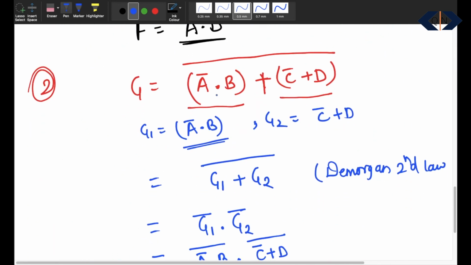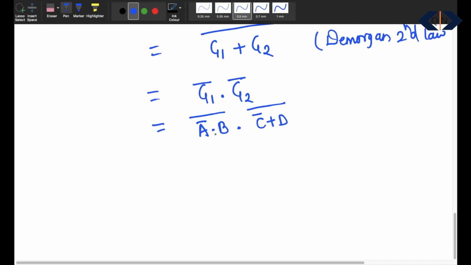So can we simplify it like this? (A bar dot B) whole bar is there already, so it is equivalent to (A bar) bar plus B bar, if I am not wrong, yep.